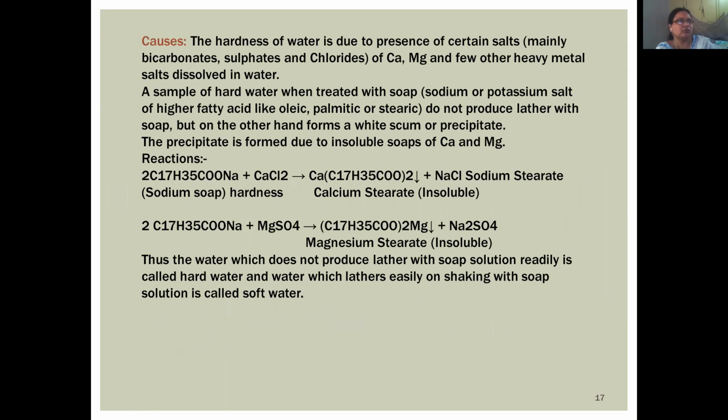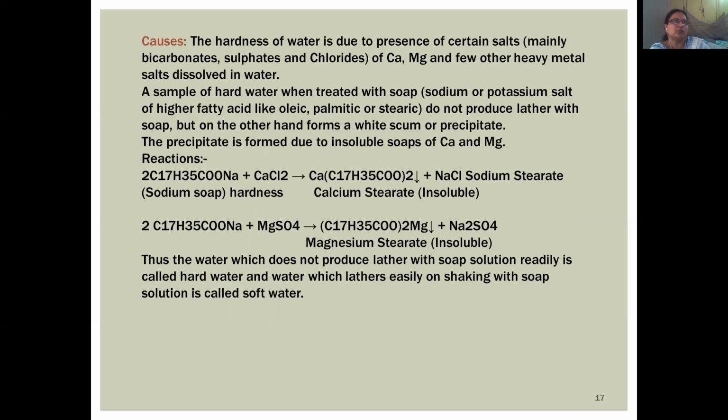So these you know. Then coming to the causes of hardness. What is hardness? The property of water which does not lather with soap is called hardness. This hardness of water is due to the presence of certain salts like bicarbonates, sulfates, and chlorides of calcium, magnesium, and a few other heavy metal dissolved salts.